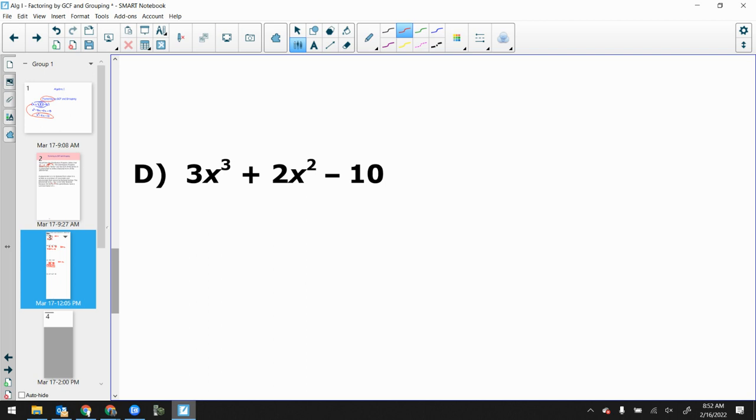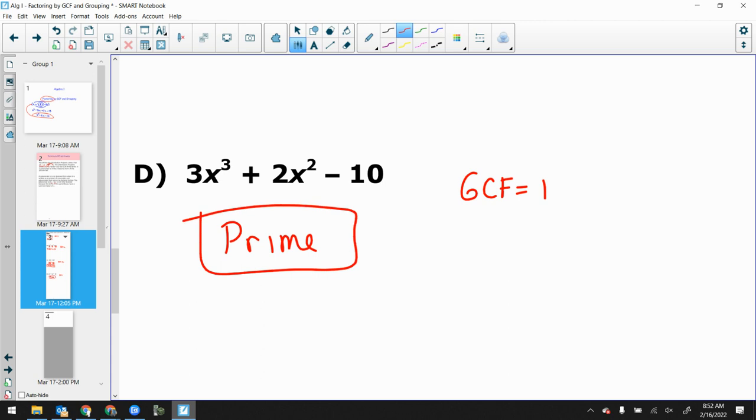Okay? So if I say that the GCF here is 1, these don't have anything in common, so what do I call this whole polynomial then? If its only factor is 1, this whole polynomial is also prime. You could write that it's not factorable. That's an okay thing to say.